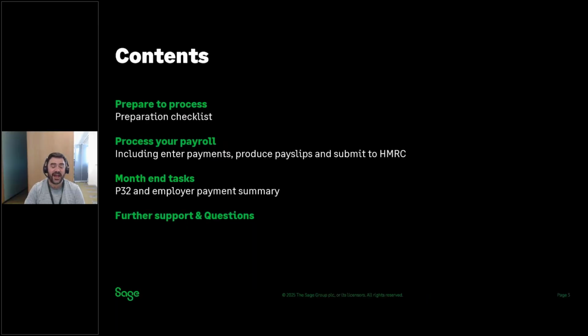Let's now take a look at what we'll cover in the webinar. So I'm going to start things off with a quick look through our preparation checklist, outlining some tasks that you should complete before you process your pay run. I'm then going to hand over to Sarah, who's going to give us a full demo of the payroll process, including entering your payments, producing pay slips and reports, and submitting your full payment submission to HMRC.